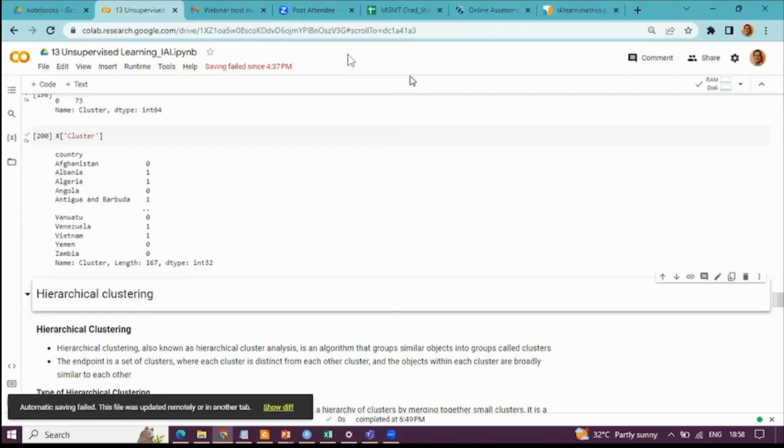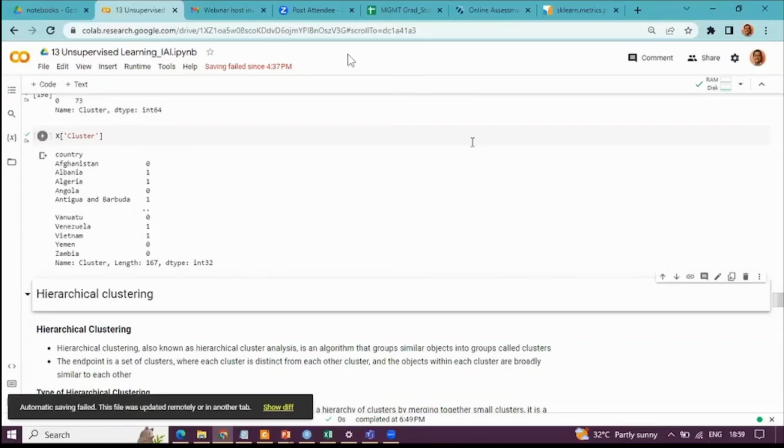So you can talk about the average inter-cluster distance minus the average intra-cluster distance, and you divide it by the maximum value of either the inter-cluster distance or the intra-cluster distance. All right. Fair enough. I'll move on to the next approach as well.